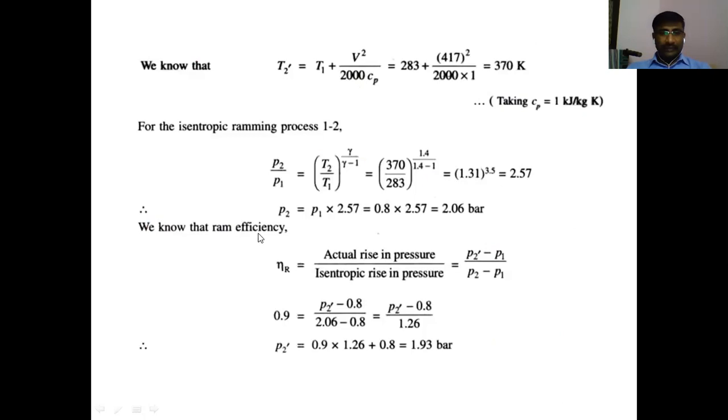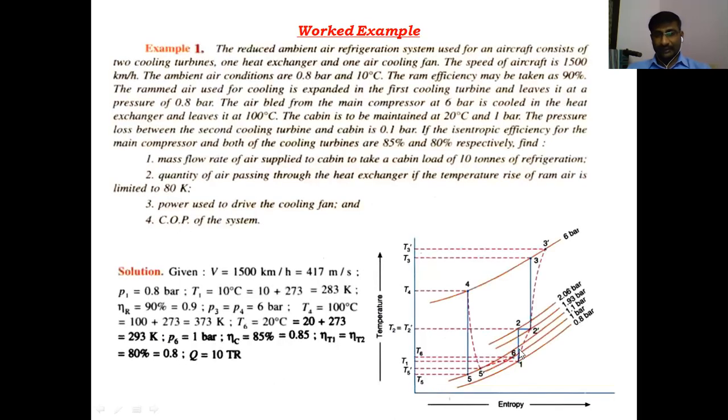Then we know the ram efficiency. How to find P2 dash, the pressure at point 2 dash, using the ram efficiency? It is the actual rise in pressure divided by the isentropic rise in pressure. In terms of pressures, actual rise in pressure means P2 dash minus P1, divided by P2 minus P1.